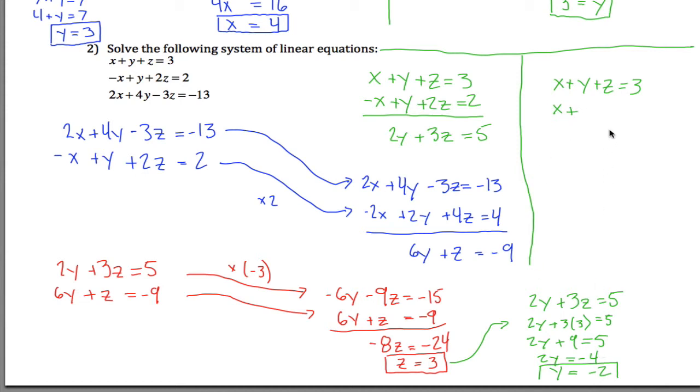However, I know that y is equal to -2. So x plus -2, in other words, x minus 2, plus z, which is 3, must be equal to 3. X plus 1 is 3, so x is just equal to 2. So sort of the chain of logic is like this.